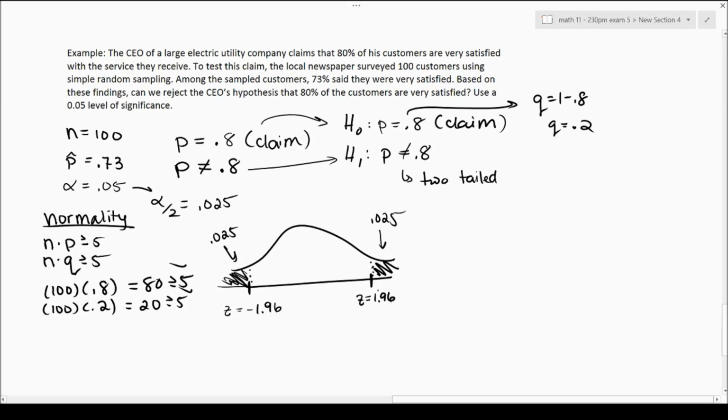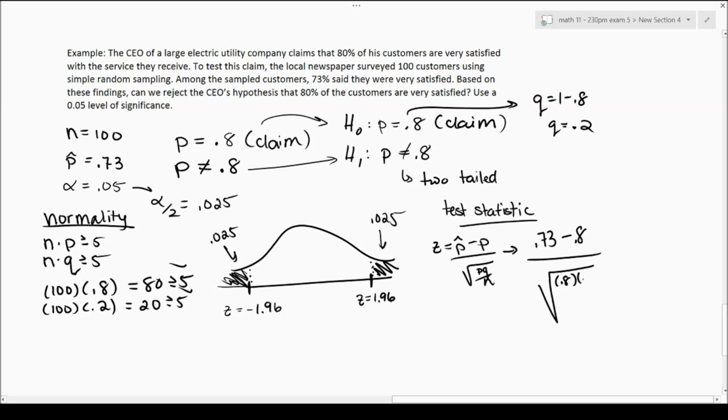So now we need to find our test statistic. The formula here is z equals p hat minus p divided by the square root of pq over n. P hat is 0.73, p is 0.8, divided by the square root of 0.8 times 0.2.